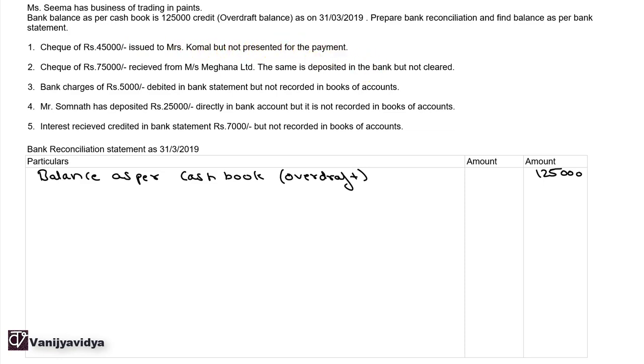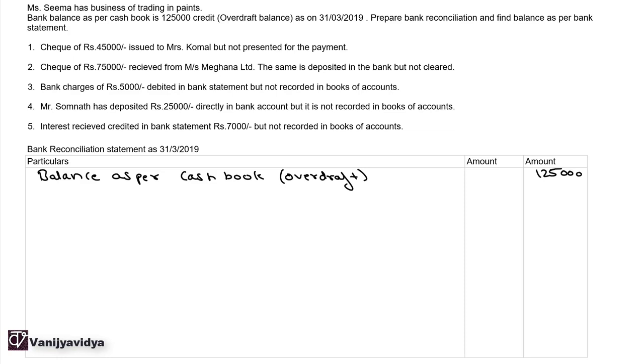So there was some check which was issued to Mrs. Komal but it was not presented for the payment. Now, since there was a check which was issued, the same has been recorded in the books of account. Now, since this is an overdraft balance or it's a liability, and we have recorded the check issued, there will be increase in our overdraft balance as per cash book.